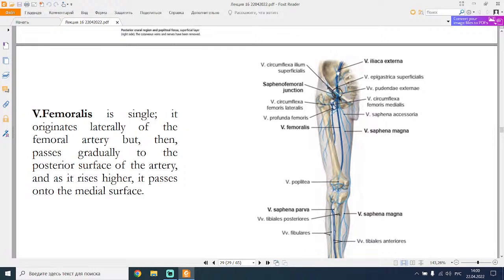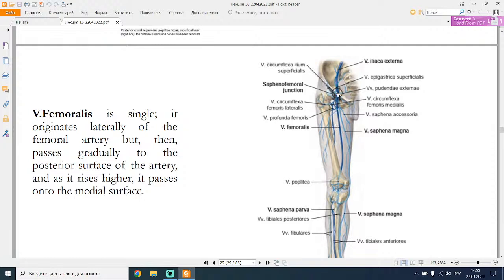What you see, vena iliaca externa, passes under the ligamentum inguinale, and vena femoralis is single.